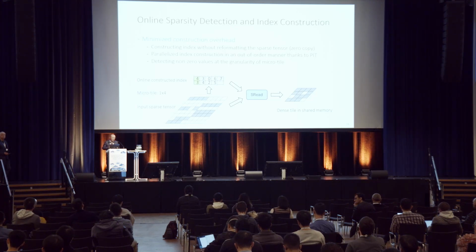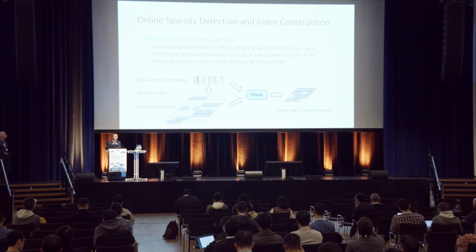In our solution, we just build the index. The non-zero values in the sparse matrix are still there. We don't copy them. We just build the index to index the non-zero microtiles. So there's no additional data copy cost compared to other sparsity solutions. I see.